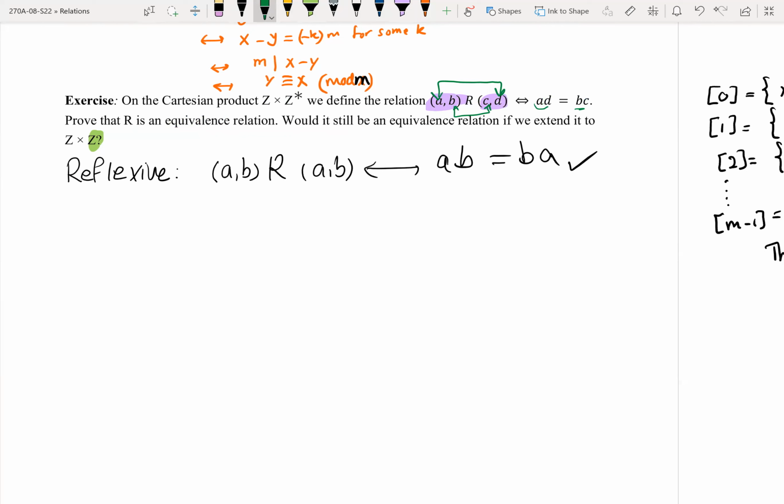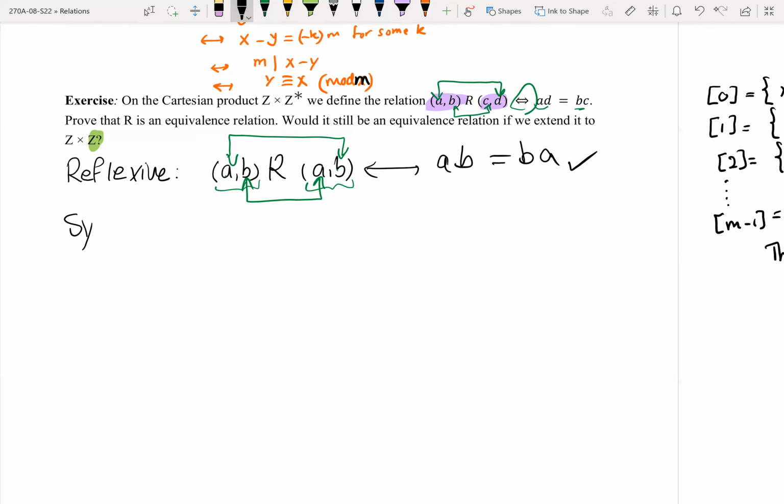For reflexive, I'm trying the same thing. Reflexive says whichever element you choose has to be related to itself. So what's this relation? It says the outer elements, A times B, have to be the same as the inner elements, which is B times A, which is true. Does it make sense?